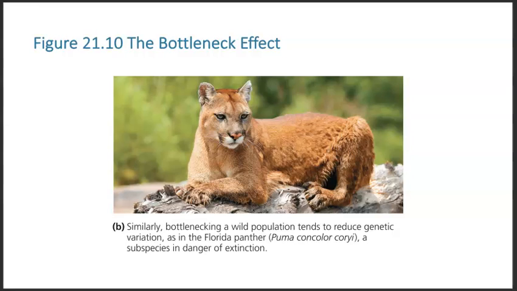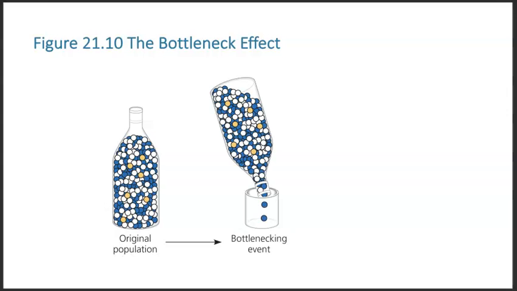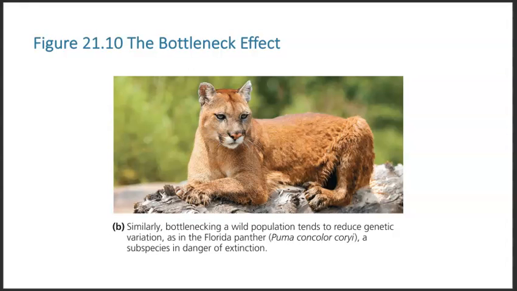Remember that bottleneck effects are chance events. So even though I was talking about hunting of the puma, of the panther, humans weren't picking which puma to kill. We were just trying to kill them all. But a few did survive, and which ones survived was due to chance alone. So we have this panther with very little genetic variation, and it is in danger of becoming extinct.